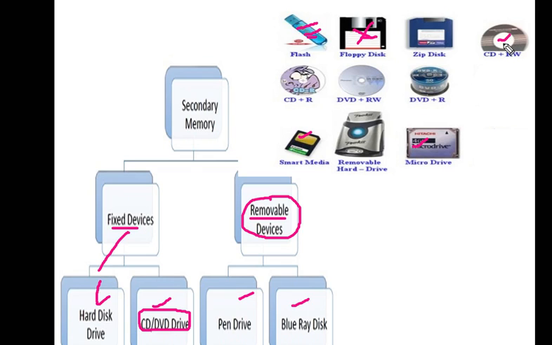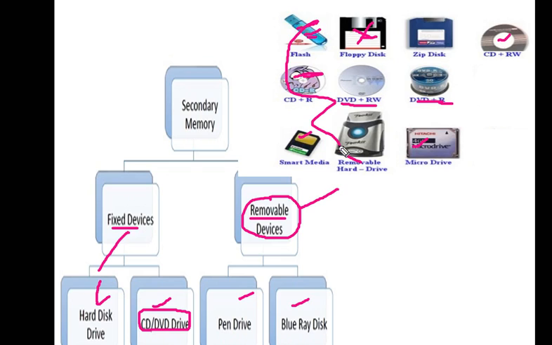You can use this CD as reusable, read and write. Then CD writer only, this CD. Apart from CD, you can also have DVD reader and writer. RW means reader as well as writer. Then DVD reader only. These all are secondary devices. In which category?